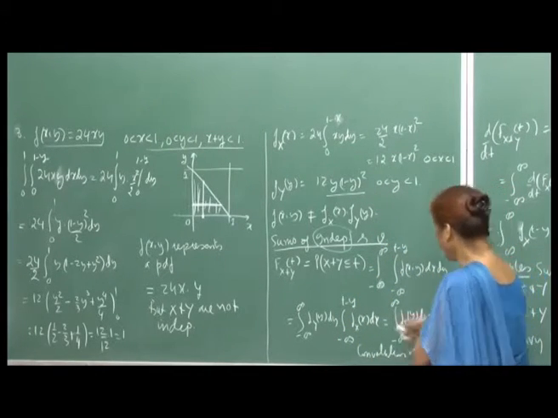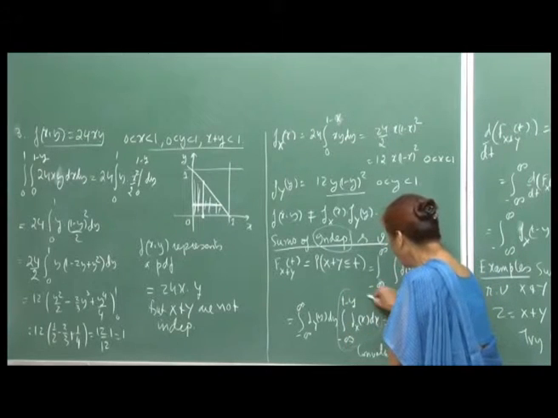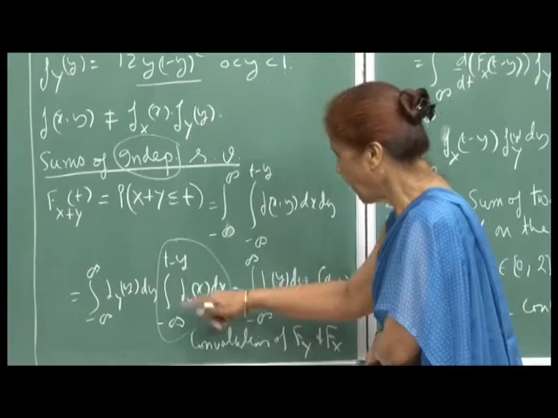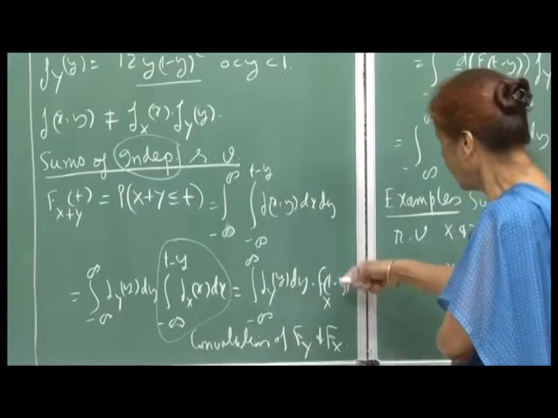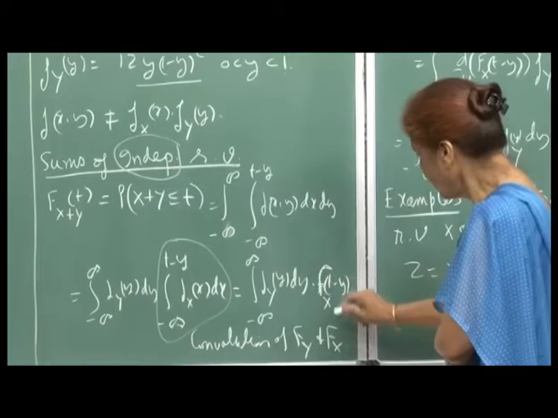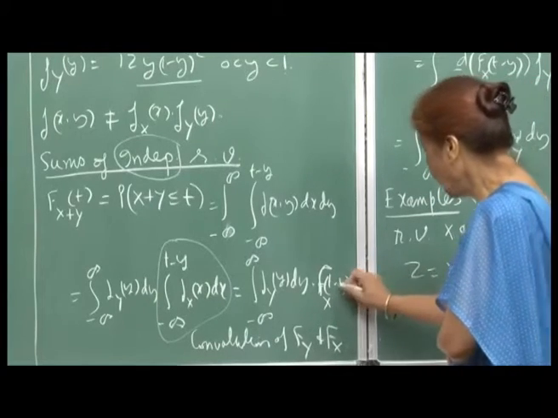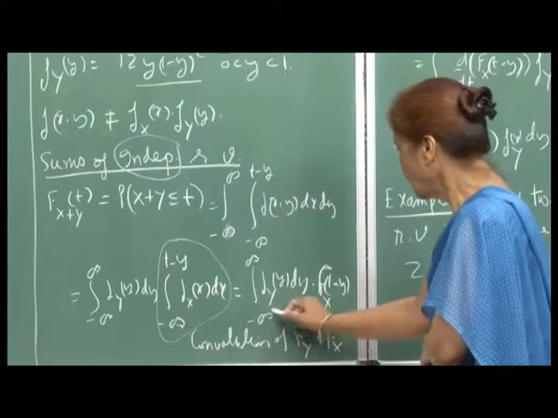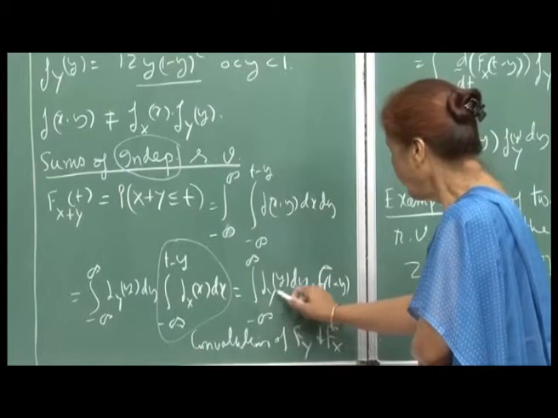And so, what does this give you? This is the probability of capital X less than or equal to t minus y, right. So, this is your cumulative distribution function for x at t minus y, and this is the integral minus infinity to infinity f_Y(y) dy.